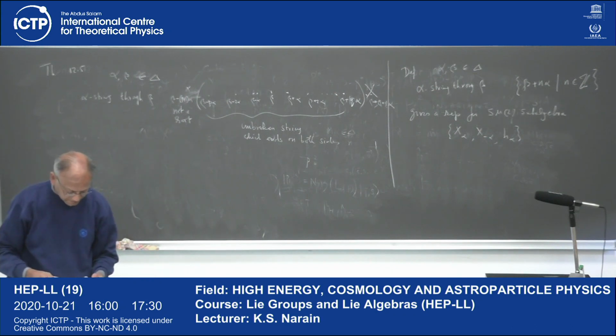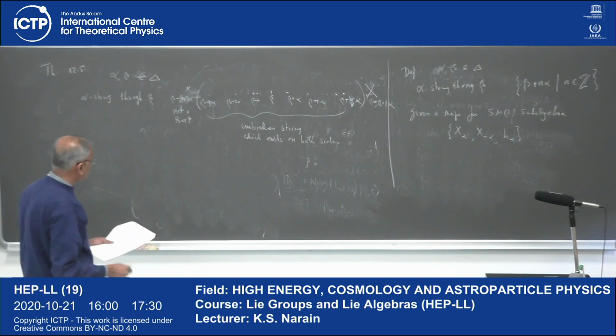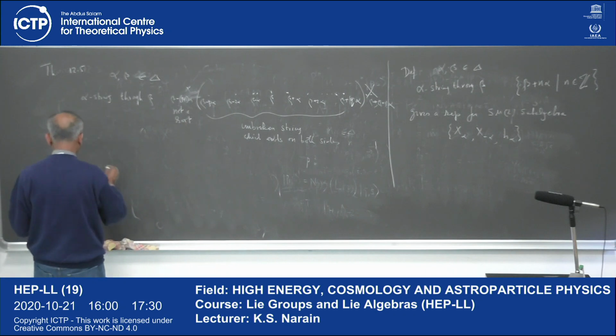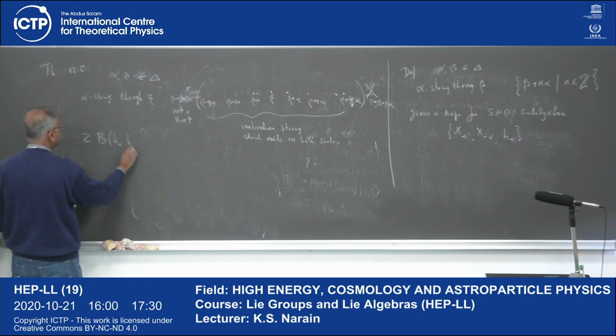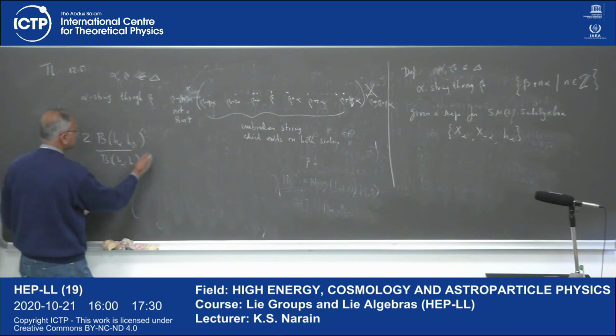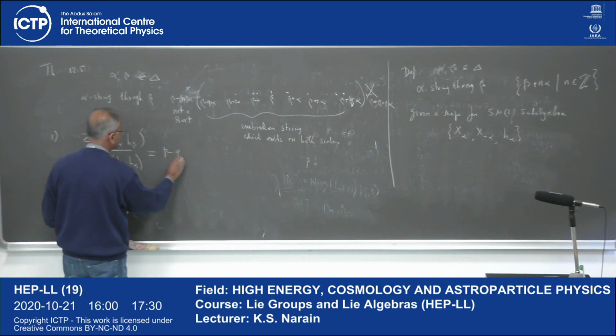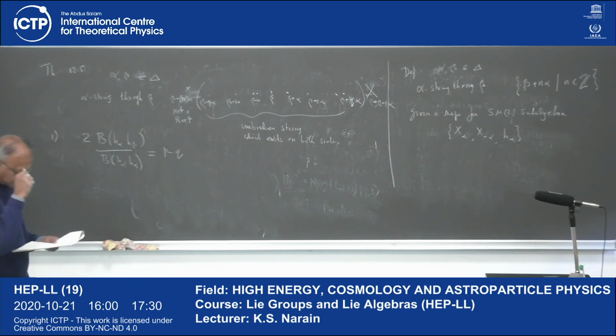So then that's it. The first part of the theorem is that 2B(h_alpha, h_beta) divided by B(h_alpha, h_alpha) is equal to p minus q. So that's the first statement.